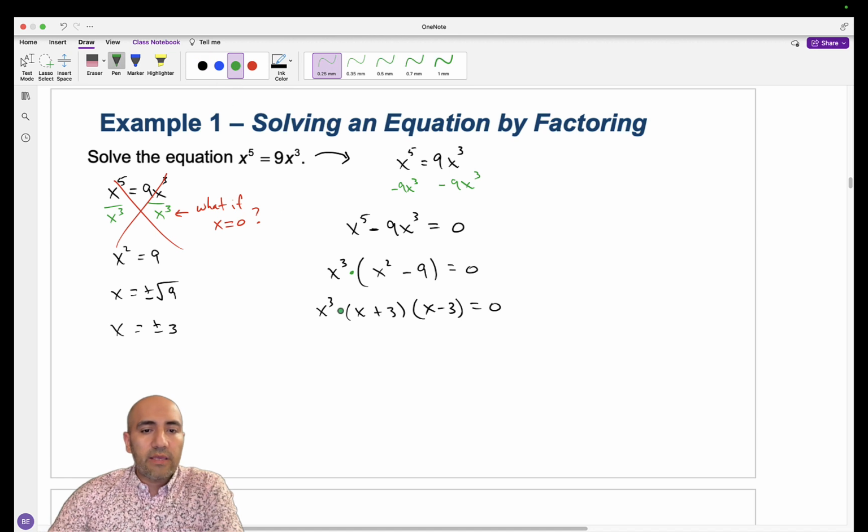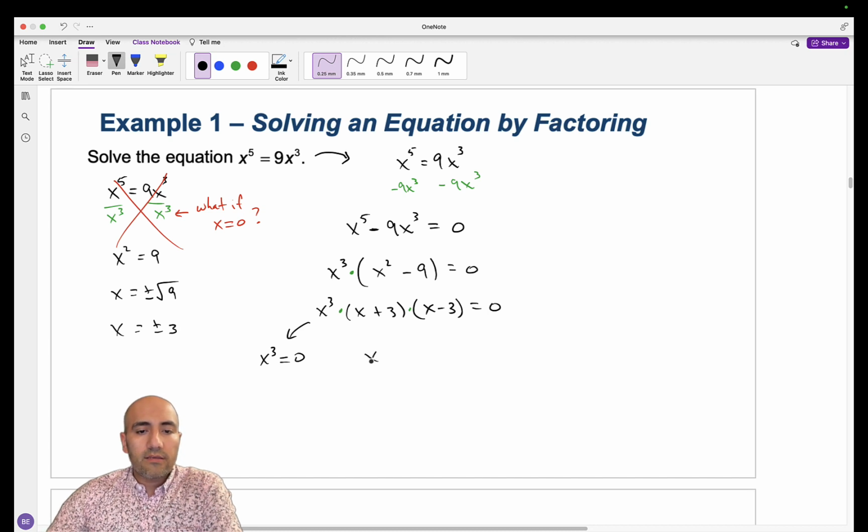Now we have a multiplication of three different things. So by the zero product principle, either x to the third is equal to 0, or x plus 3 equals 0, or x minus 3 equals 0.